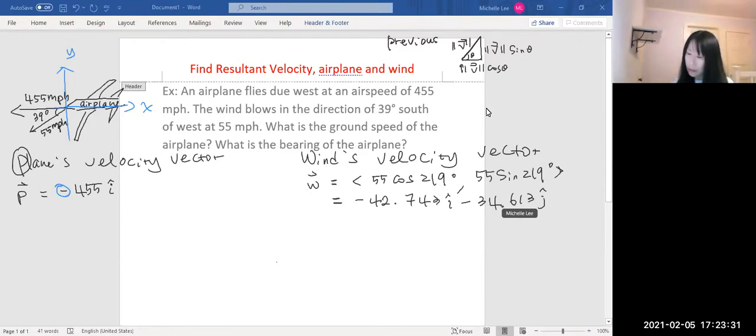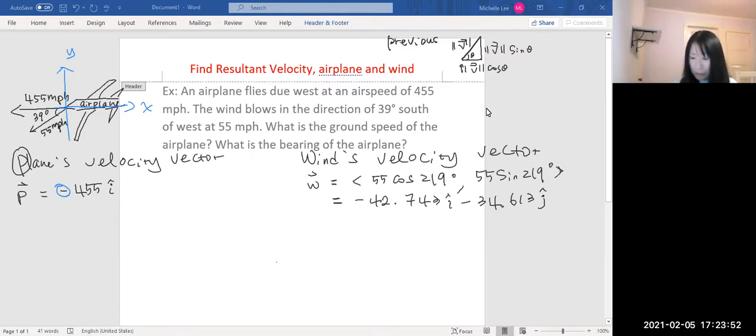This is the standard unit vector form, ij form. Now if we add the two vectors, we are done. That gives the ground speed of the airplane. Then we're going to find the angle theta later.